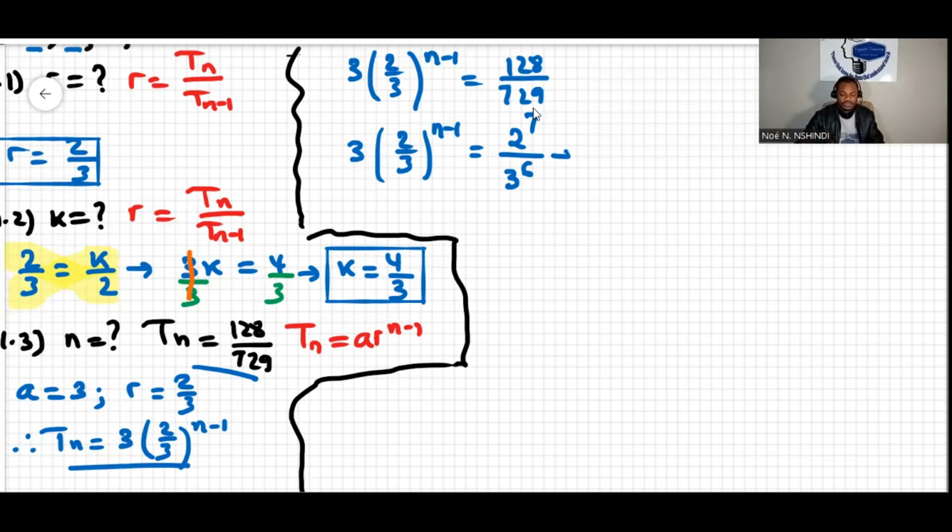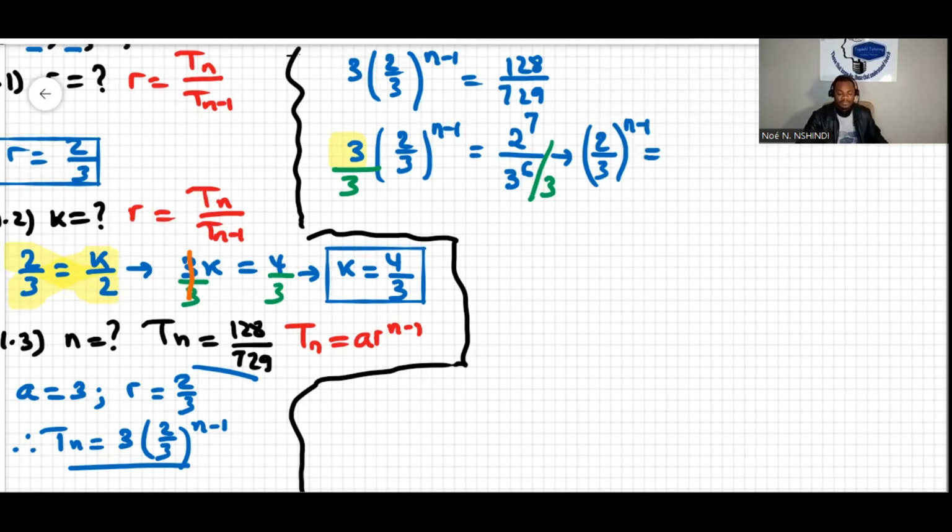Now I want to get rid of the 3 that I have here. What I can do is divide both sides by 3. I divide here by 3, and I divide the right side also by 3. By doing that, I will have 2 over 3 to the power of n minus 1 equal to what then?